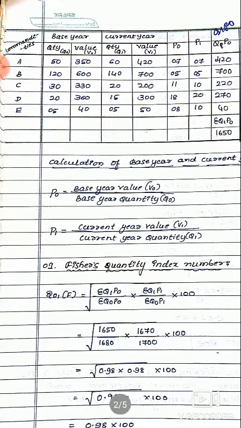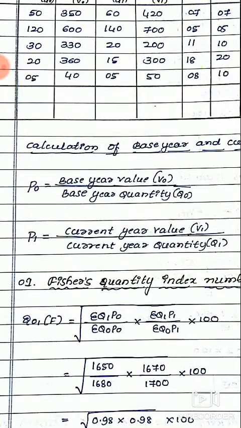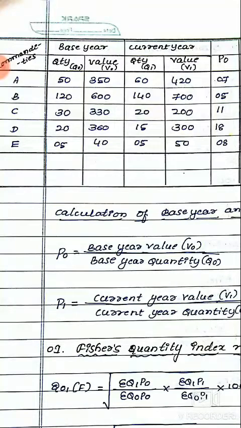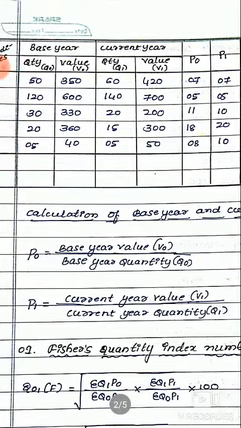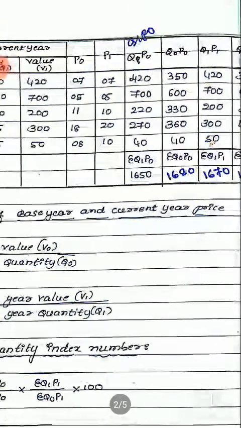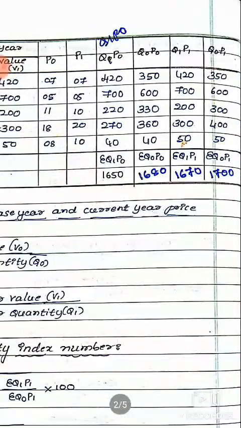And also we can allot Q1 and Q0. Here base year quantities should be denoted as Q0 and current year quantities should be denoted as Q1. Now we can form the table, that is Q1 P0, Q0 P0, Q1 P1 and Q0 P1.